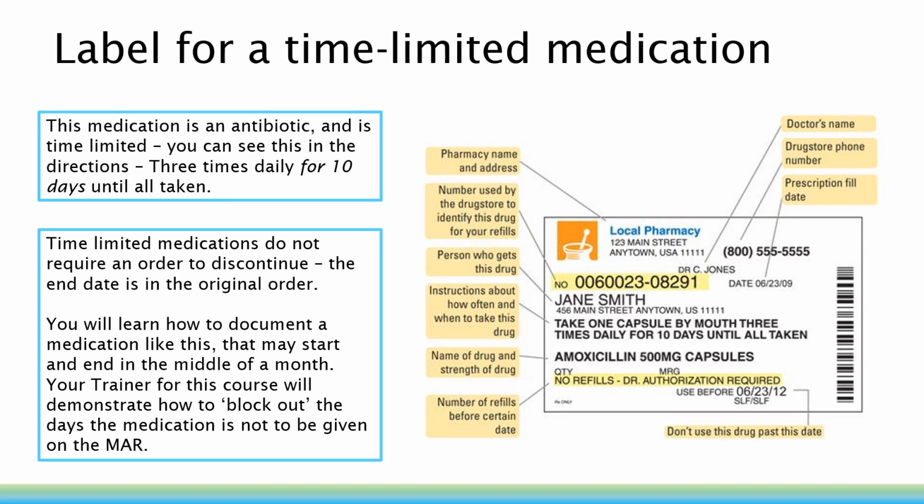The end date is on the original order. You will learn how to document this medicine, that you may start and end in the middle of a month. Your trainer for this course will demonstrate how to block out the days on the MAR that the medicine is to be given.